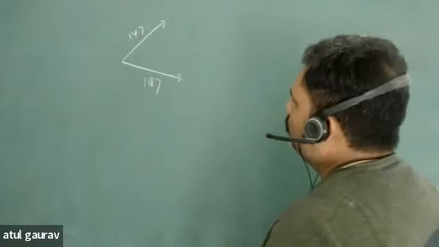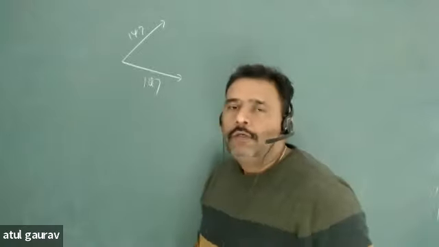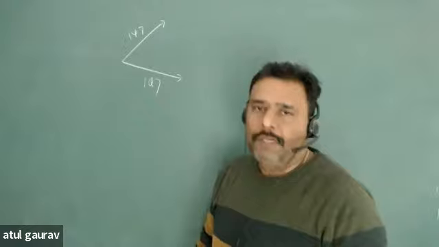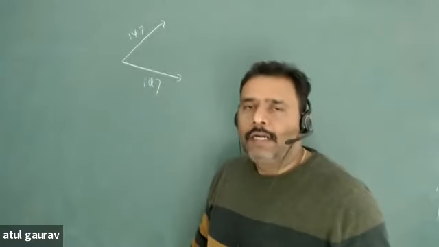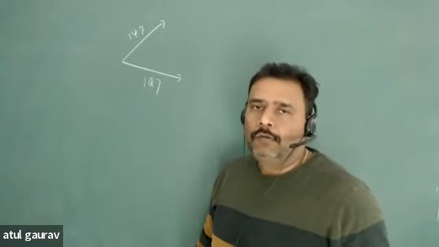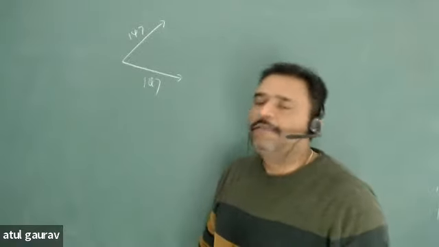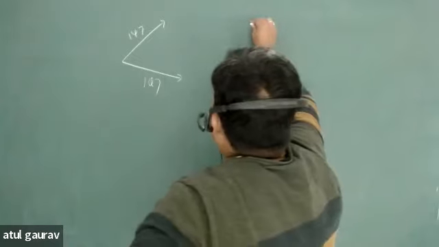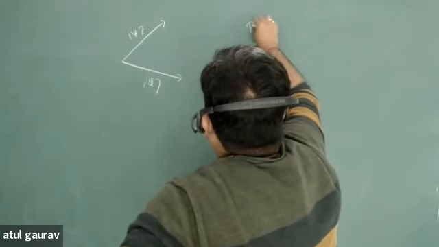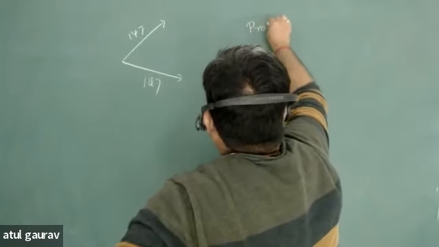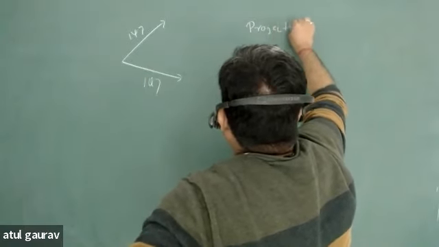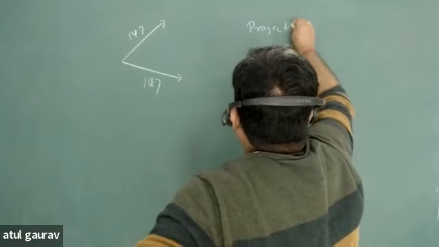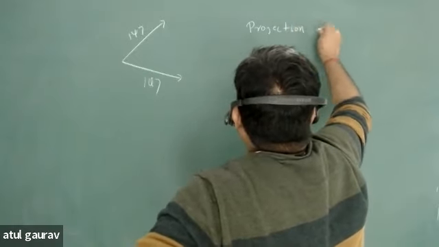The phi direction. I have told you that whatever operation you want to do in quantum mechanics, you have to define an operator. So here I will define a projector operator, or projection operator.